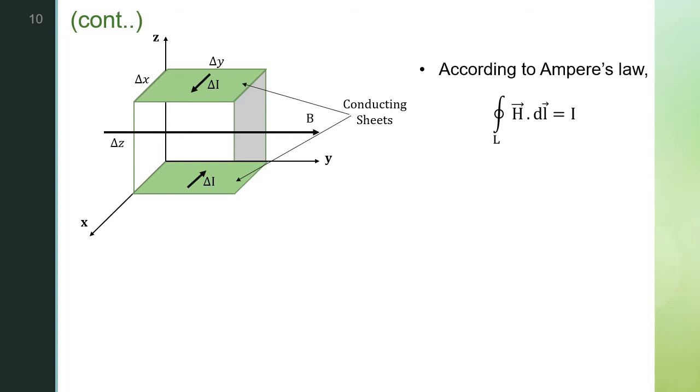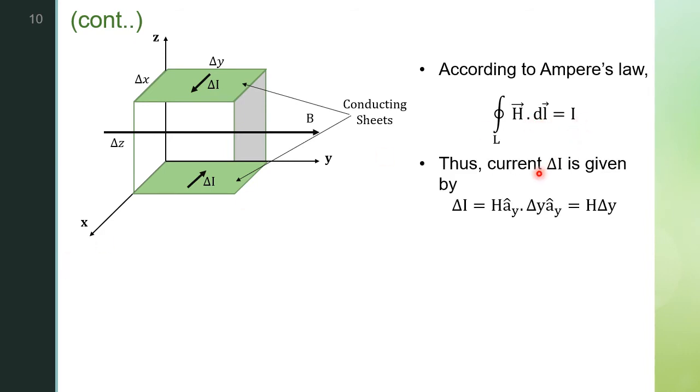Now, to find the current carried by the conducting sheet, we are going to apply Ampere's law. So according to Ampere's law, closed integral of H dot dl is equal to the current. So on applying Ampere's law, this current delta I can be given as the product of H and dl. So what is H? It is in the direction of magnetic flux density. So as a vector, it is magnitude H into ay cap.